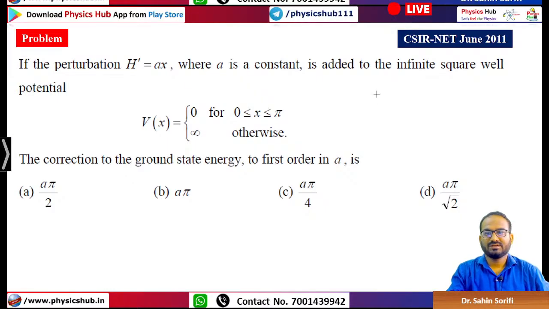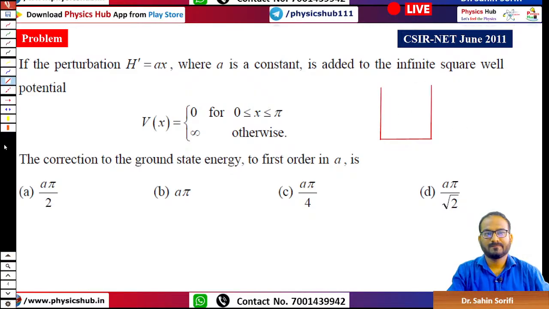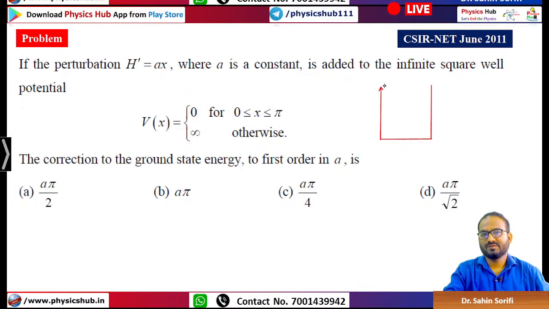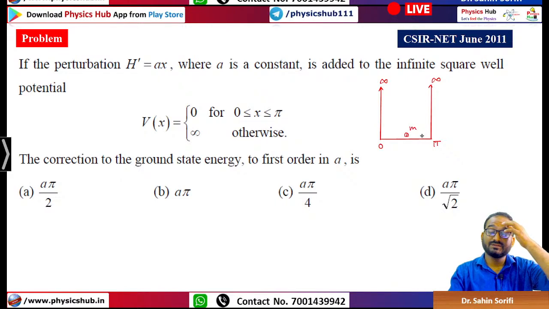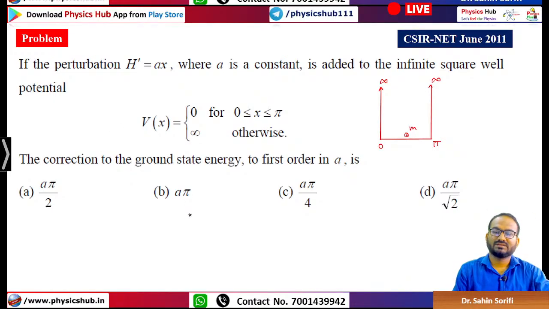So you are given an infinite square well potential like this, and as you can see it is from 0 to pi. Now, if the perturbation H prime equals Ax is added, then what will be the correction term?